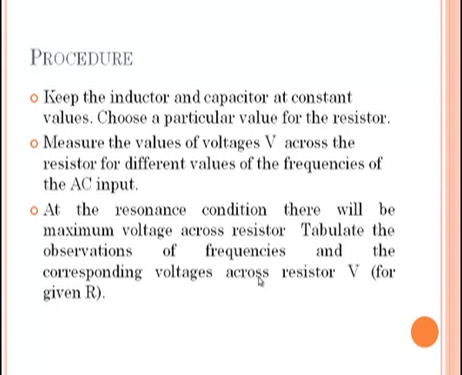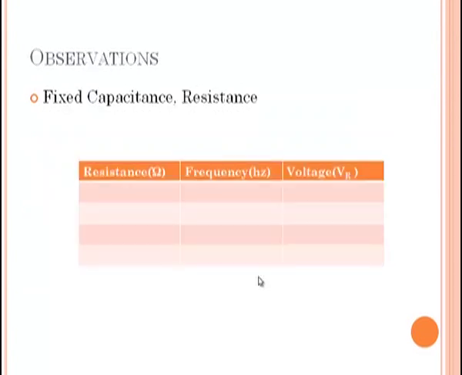Now tabulate the observations of frequency and the voltage across the resistor for different values of resistors. Next, plot the graph between the frequency and the output voltage. The frequency for which the output voltage is maximum is called the resonant frequency. Like this, you can calculate the resonance frequency from the observation.